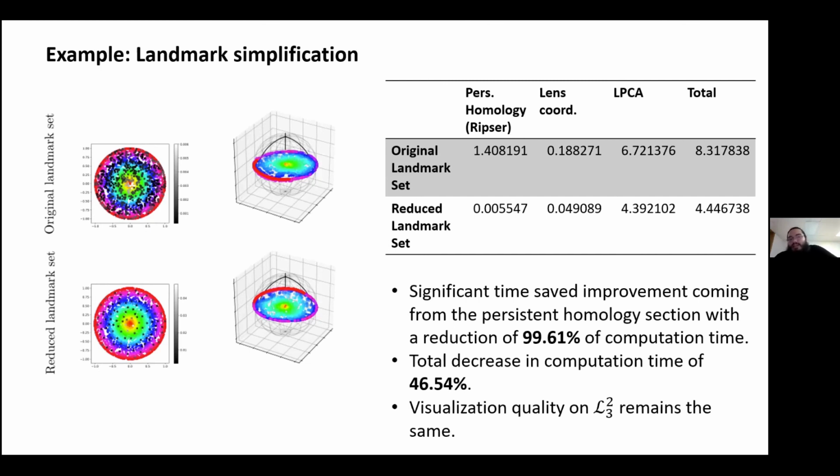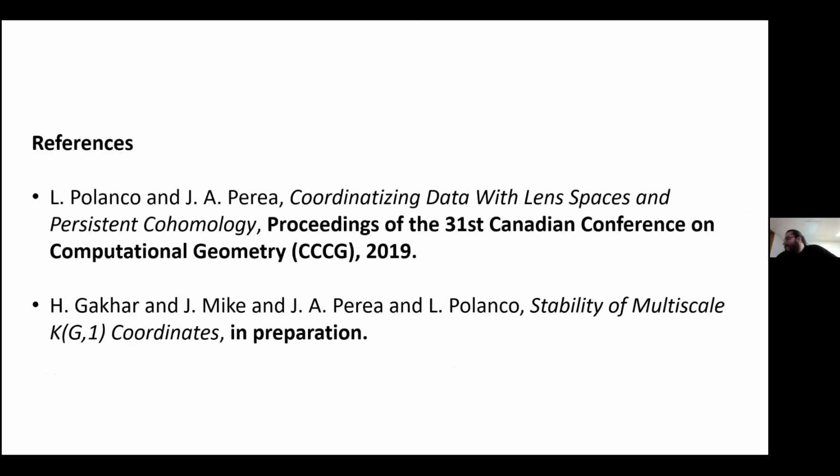I just want to clarify that this is because we need to compute generators to compute the classifying map. We need an explicit generator. And with that, I would like to end. There are some references for the bulk of this work.